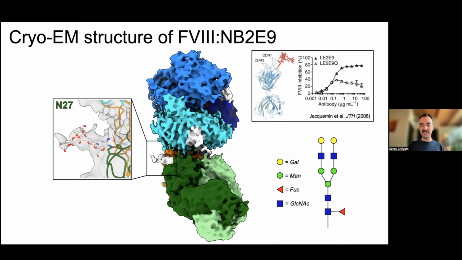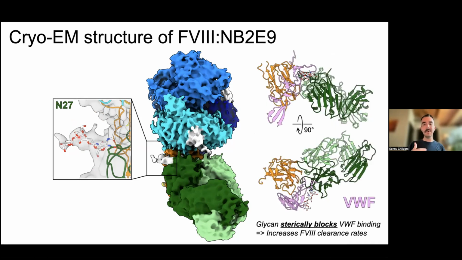Interestingly, if we look at our map, that glycan is not making direct contacts with factor VIII. Remember, I mentioned earlier that if we deglycosylate this antibody, the affinity for factor VIII remains the same. So we can see in our cryo-EM map that this glycan is not binding directly to factor VIII, but instead it appears to disrupt von Willebrand factor from binding to factor VIII.